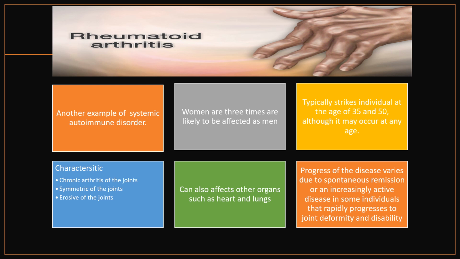As in SLE, there appears to be an association of RA, or rheumatoid arthritis, with certain MHC class II genes. These genes code for the beta chain, one of the 2 chains that make up the HLA class II antigens. Now, the strongest association appears with certain DR4 alleles, and this occurs in 70% of patients with rheumatoid arthritis.